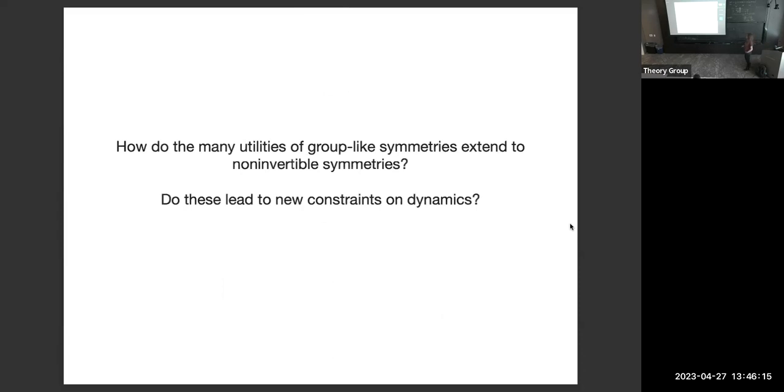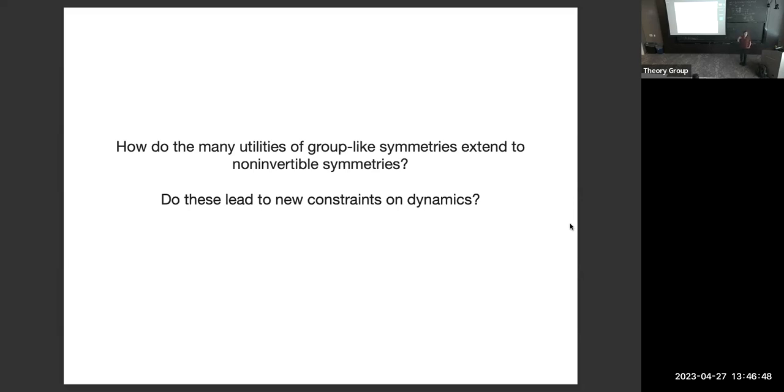So the big interesting questions, once I know I have these sorts of operators in my theory, are how do the many utilities of group-like symmetries extend to these non-invertible symmetries, first of all. So of course, global symmetries are great. They can provide many constraints on physics and we've learned lots of tools for how to constrain physics and theories based on group-like symmetries.